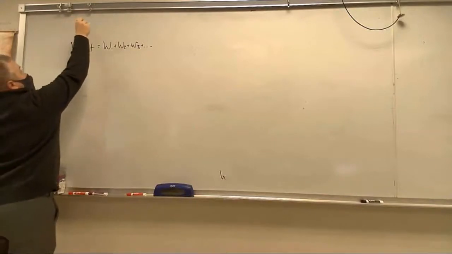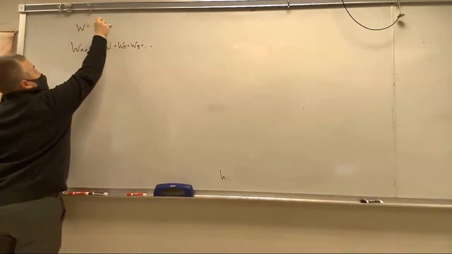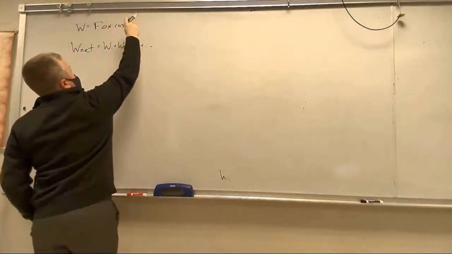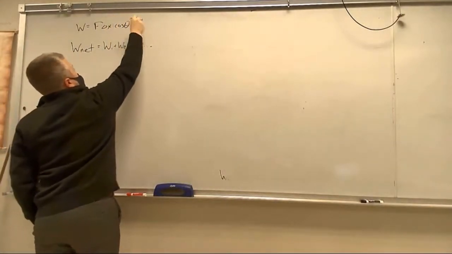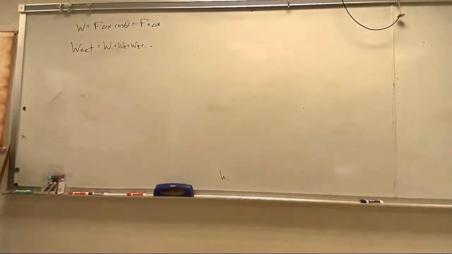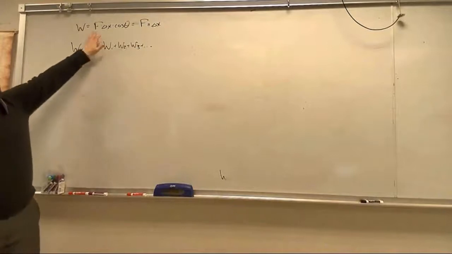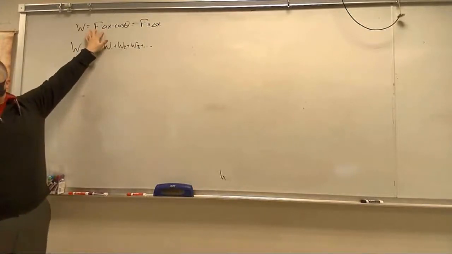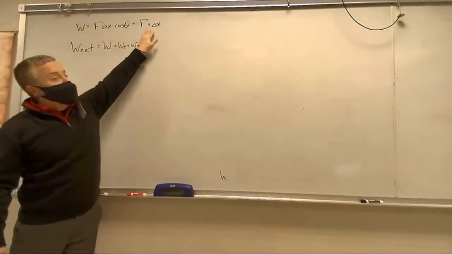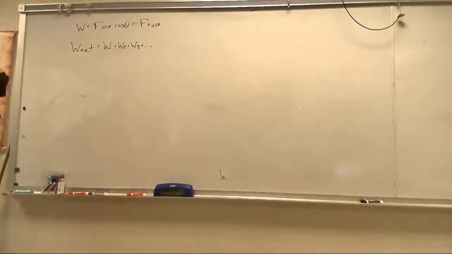By the way, let's put the equation for work up here. Not really a new equation. This is what you would use if force and displacement are not parallel to each other. Yes, you need to figure out their angle. If they are parallel to each other, you can really just multiply the 2 of them together.